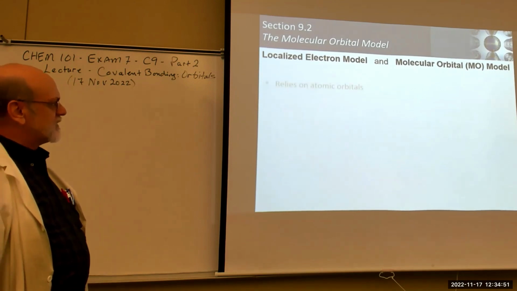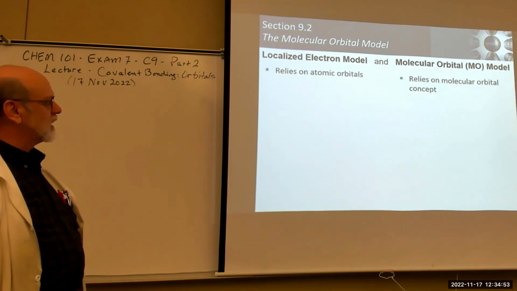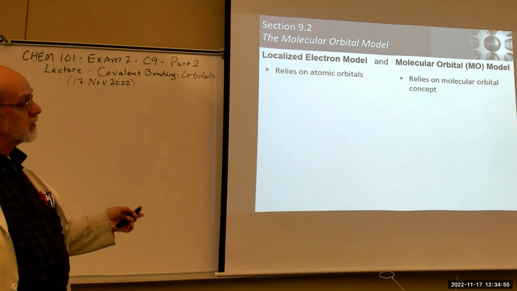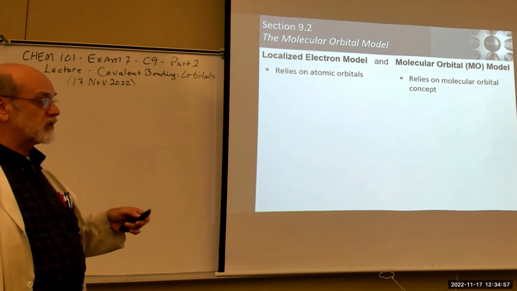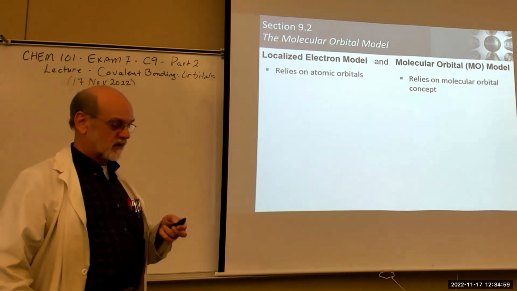Okay, this is a side-by-side comparison of the two. The localized electron model relies on atomic orbitals. Molecular orbital relies on a new class of orbital called the molecular orbital.